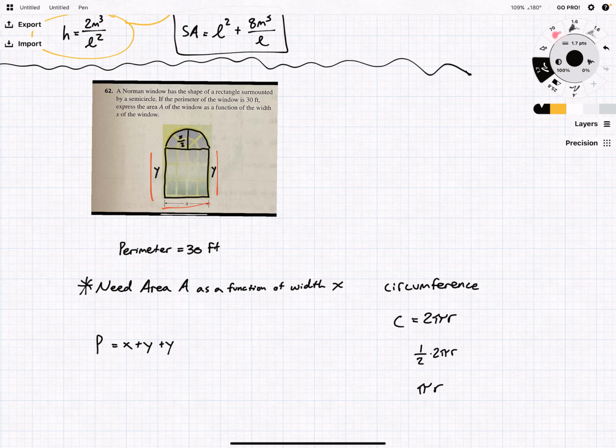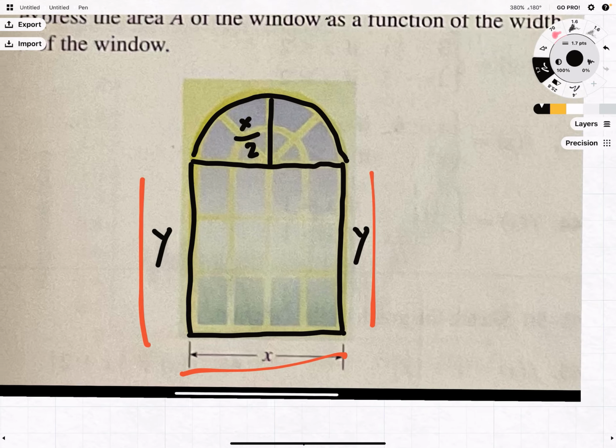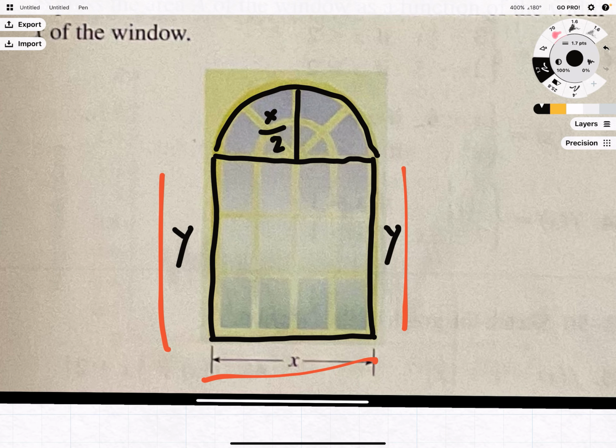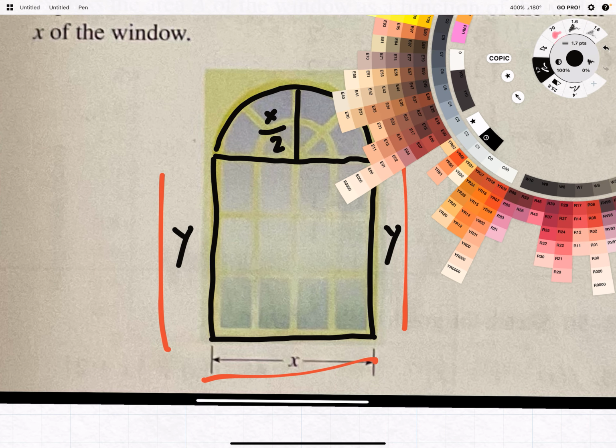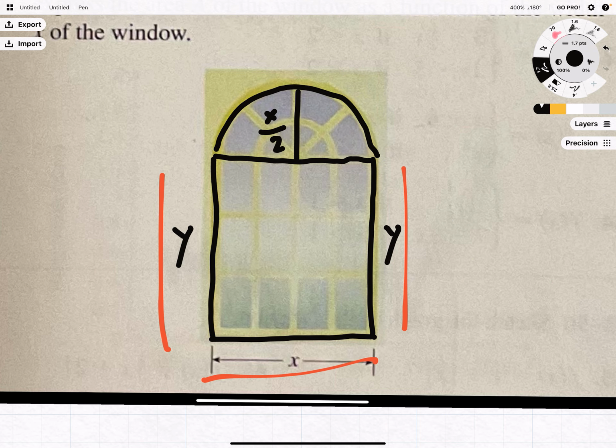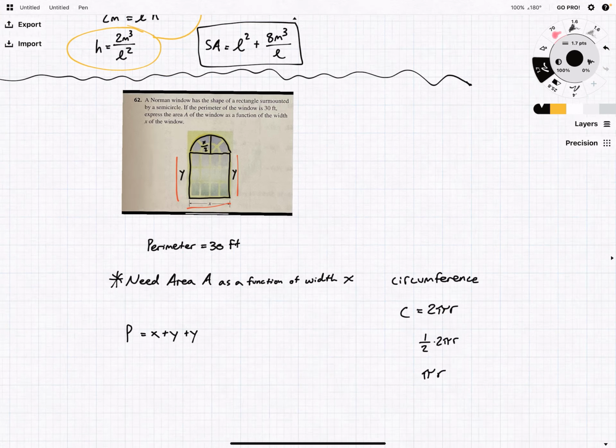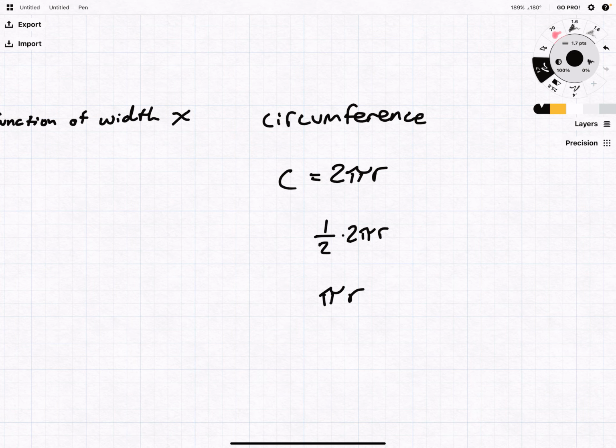But what is our radius? Well, it gives us the diameter as x, but the radius is always half of the diameter. So that means the radius is going to be x over 2. So I'll draw a little star here and say if r equals x over 2, then our circumference or perimeter, right, of this half circle is going to be pi x over 2.